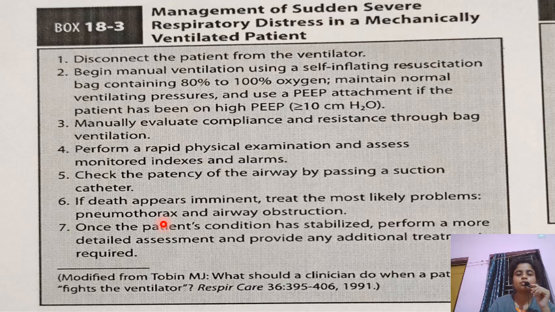Physical examination should be done, and also check the patency of the airway, whether the ET tube has become blocked by mucus secretions or not. All these things should be checked. If there is pneumothorax or airway obstruction, that should be treated as fast as possible. So these are the management steps in sudden severe respiratory distress.